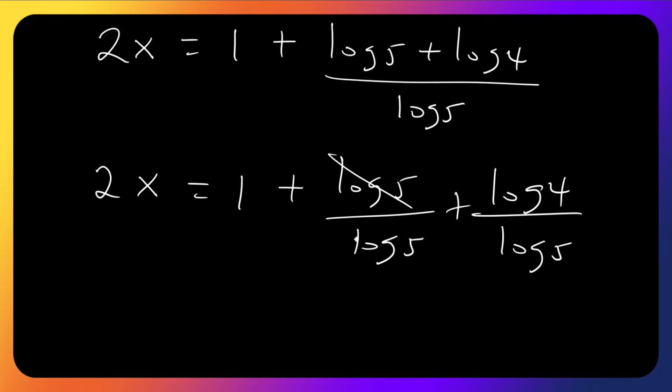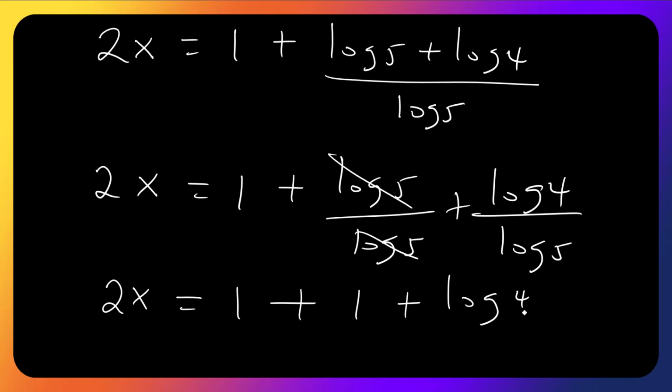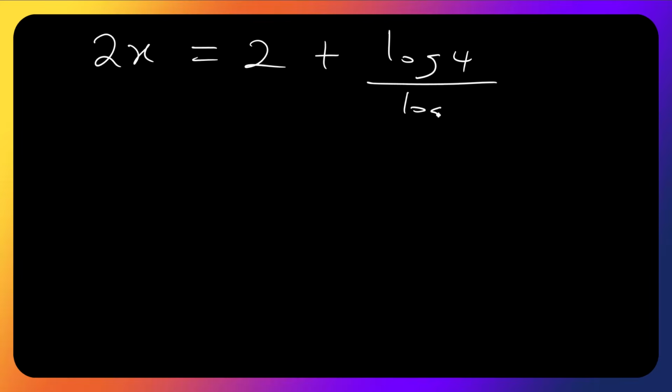So this side will cancel. 2x equals 1 plus 1 plus log 4 on log 5. So we have 2 here. 2x equals 2 plus log 4 on log 5.